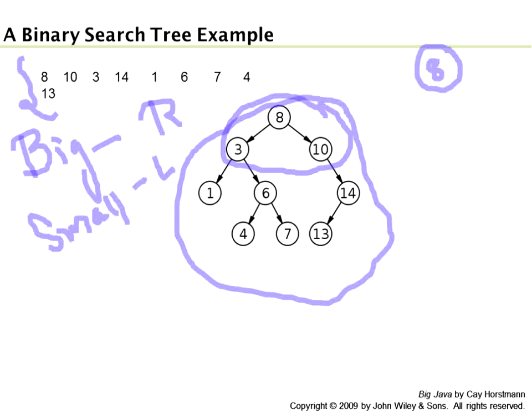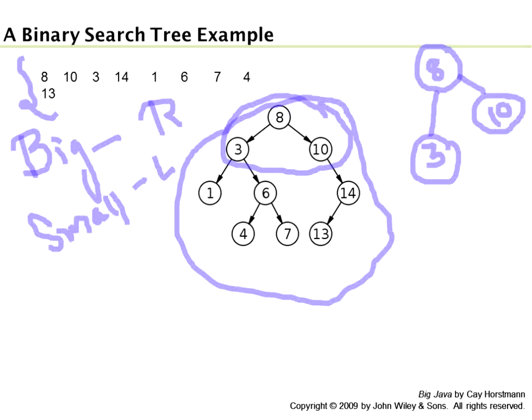Now 10. 10 is greater than 8, so it will be placed towards right of root. Now next is 3. 3 is smaller than 8, so it will be placed towards left. You have to remember this, otherwise your tree will be wrong.